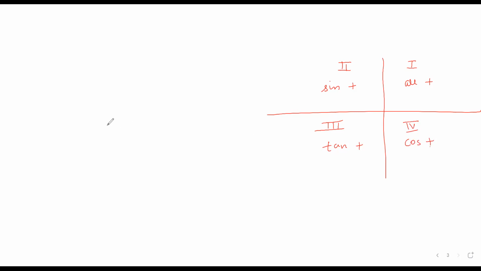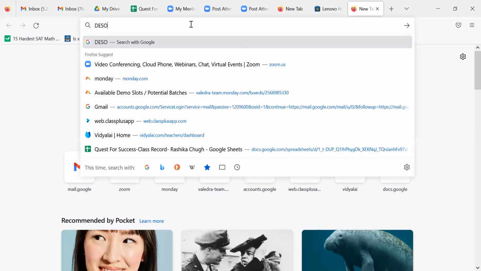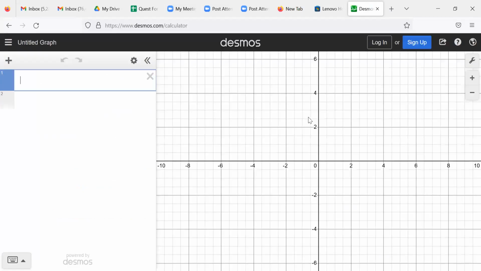No. Okay, so in the sine graph, when you draw the sine graph, what happens? I'll just show it to you. I'm drawing the sine graph.